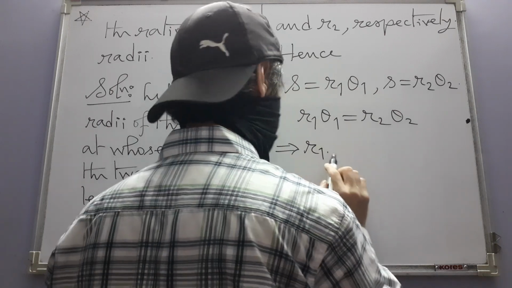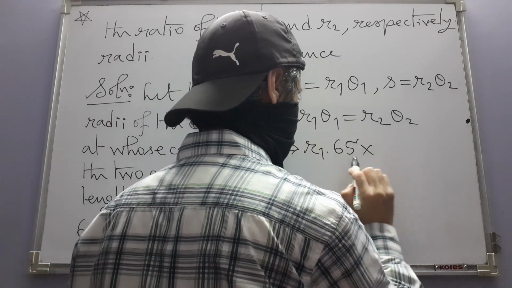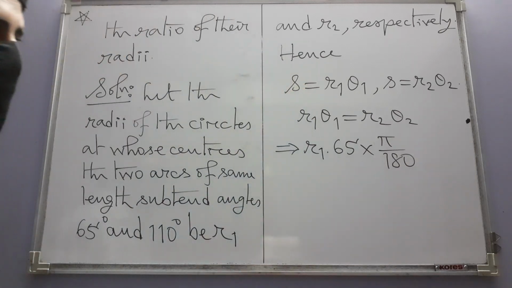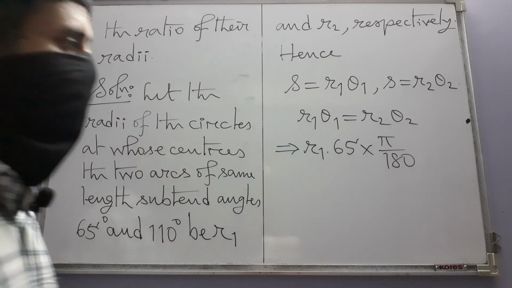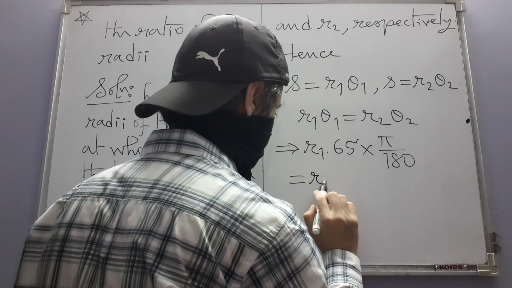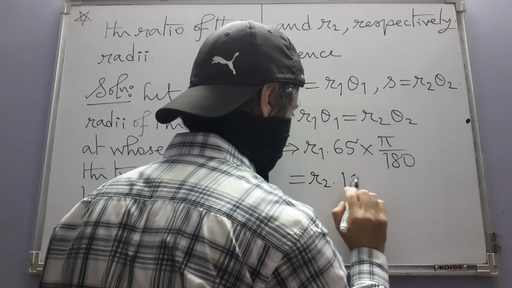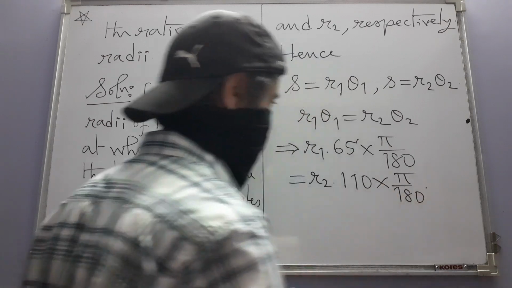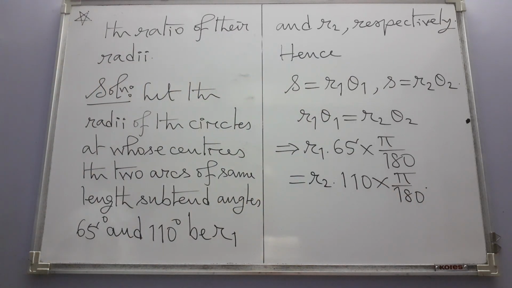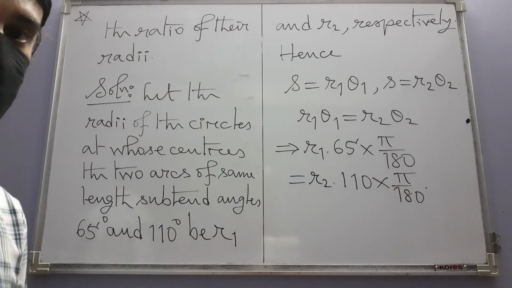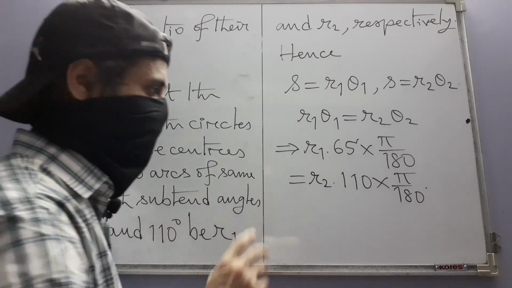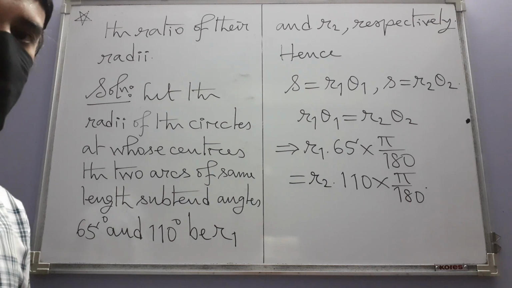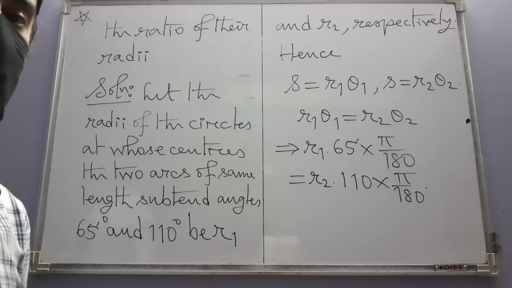So that means this is 65 times pi over 180. That is theta 1. And on this side we have 110 times pi over 180. Actually, the two pi over 180s cancel out. That is why I was saying that even if you use the degree measures themselves, you won't get wrong answer.